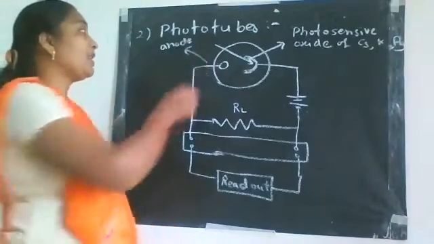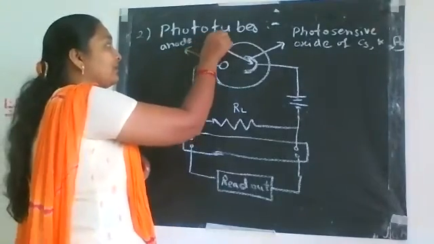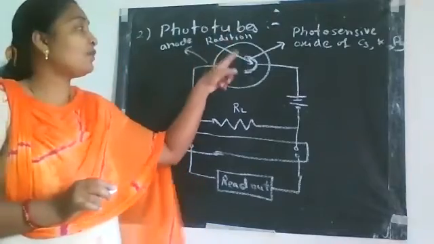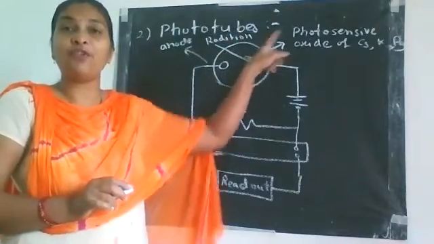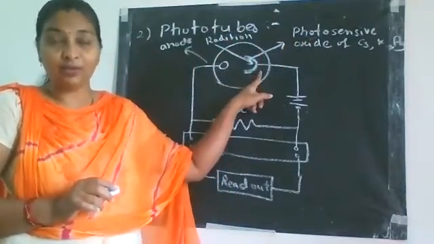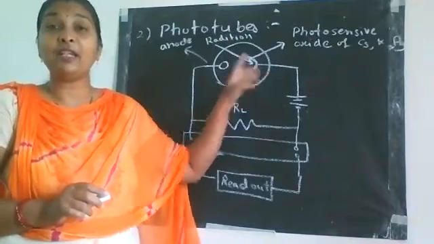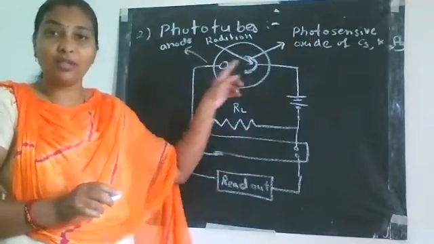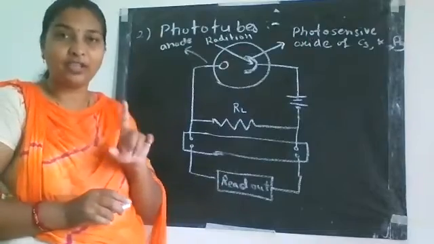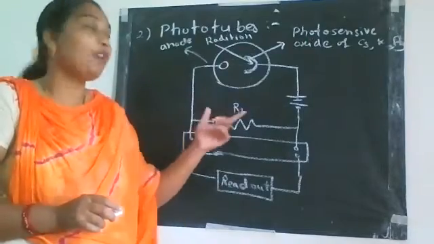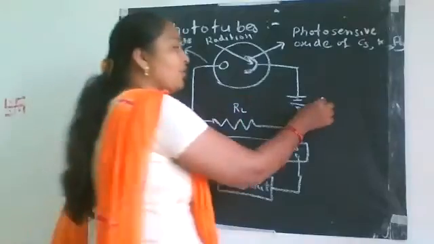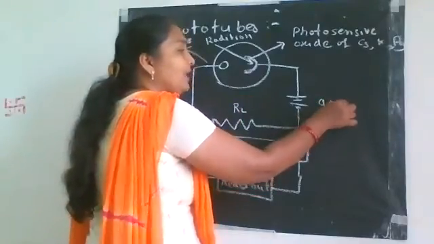So as soon as radiations fall on the inner lining of the cathode, this photosensitive material liberates electrons. Now see, we have applied a high voltage. Before starting we have to apply the high voltage by this DC source, so a voltage of nearly 90 volts will be applied.